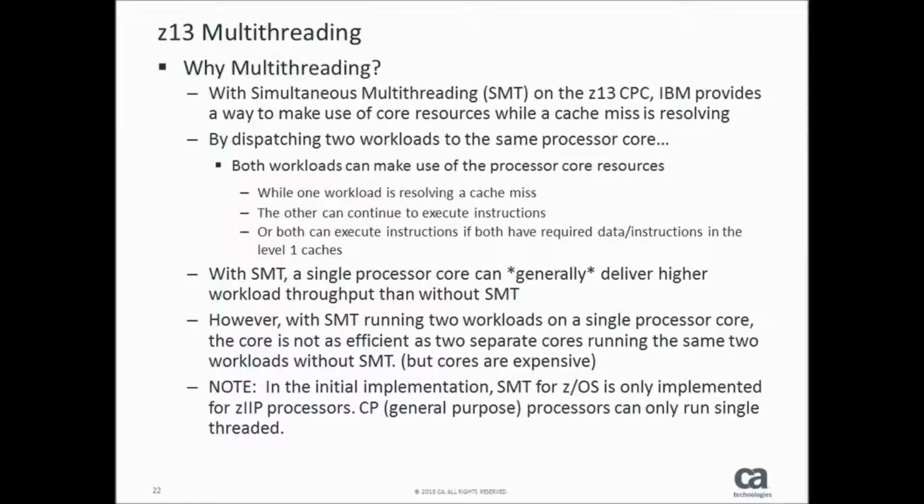So with SMT, IBM has come up with a way to try and make these cores productive while a cache miss is being resolved. If you have 2 workloads running on the same core, and one of them experiences a level 1 cache miss while the rest of the caches and memory are being searched for what's needed, the second workload can continue running if its stuff is in the level 1 cache.